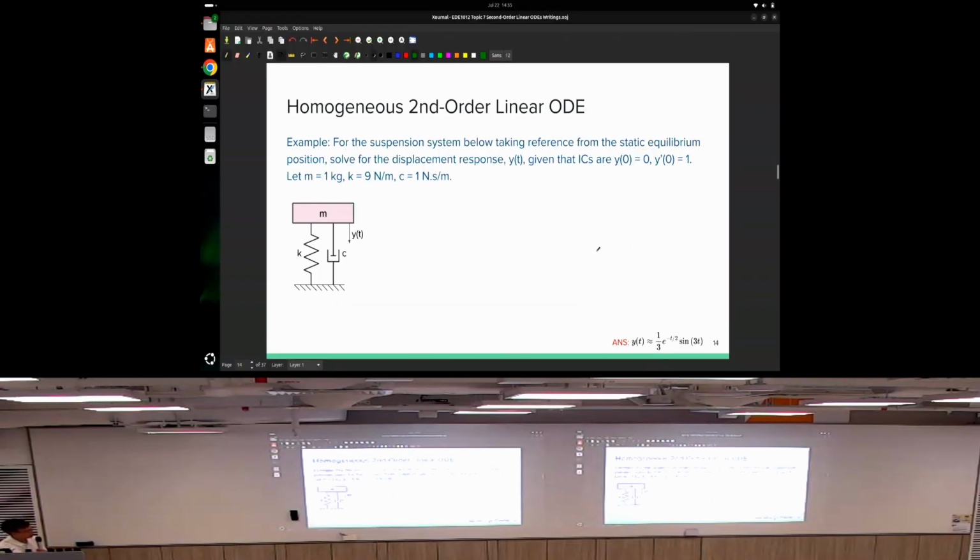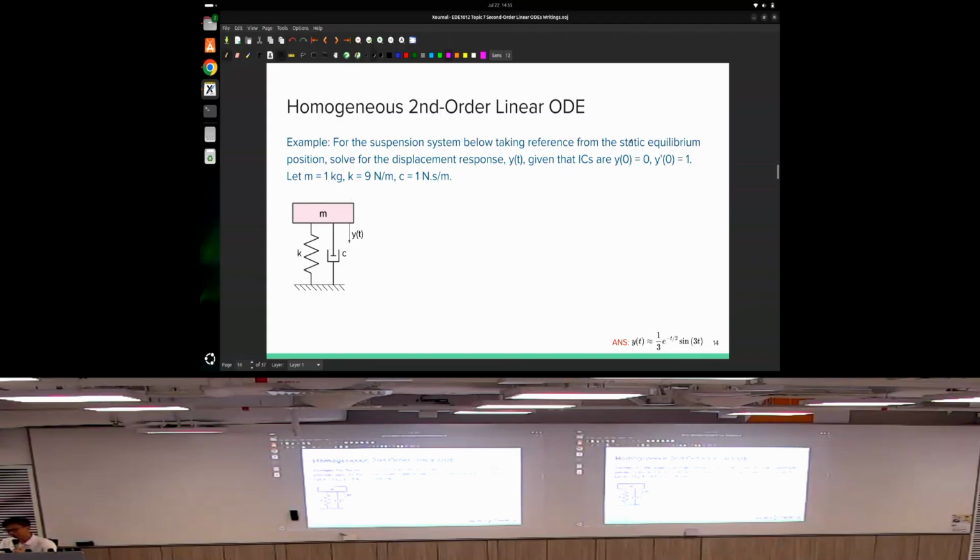So now here's an example of how to use the correct blue box in writing down the solution. As long as you choose the correct blue box, the answer is almost given away to you. We have a suspension system here, taking reference from the static equilibrium position. Solve the displacement response. Very simple.